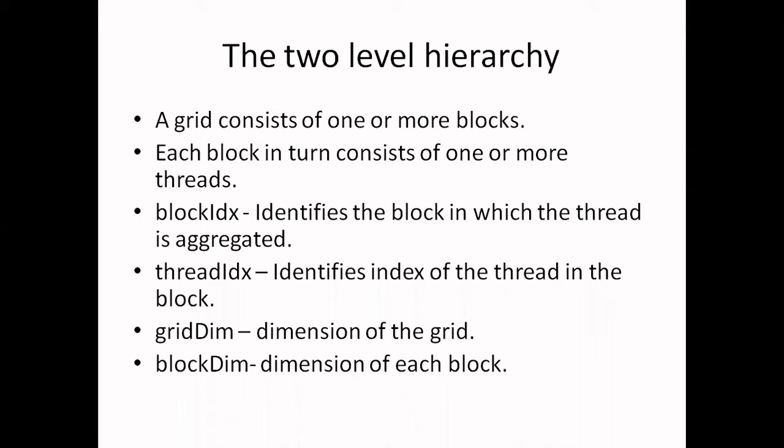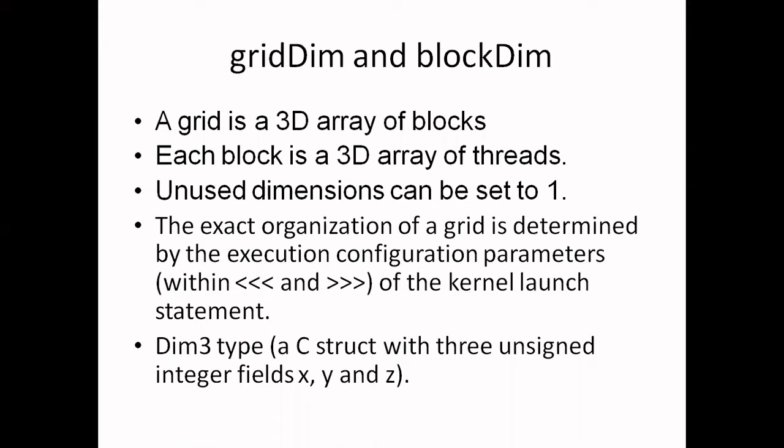Now these gridDim and blockDim are actually three-dimensional values. If we talk about gridDim, you can arrange the blocks in a three-dimensional arrangement. So a grid is a three-dimensional array of blocks.